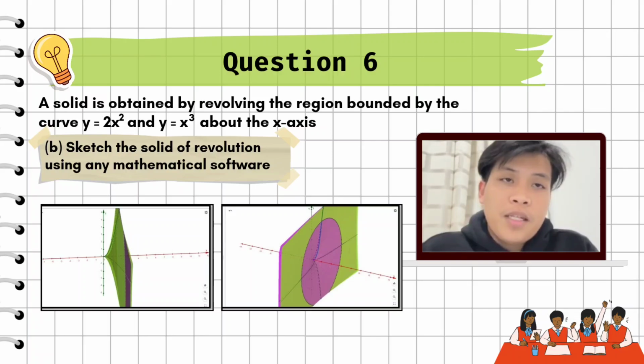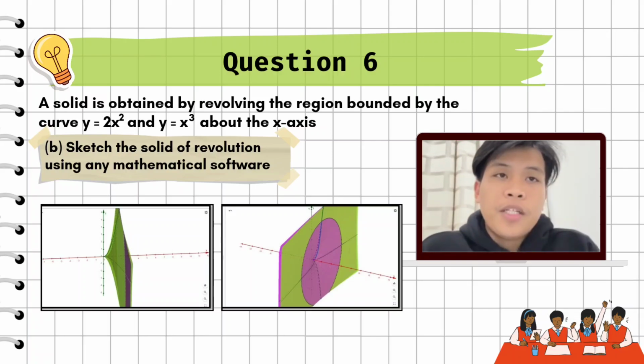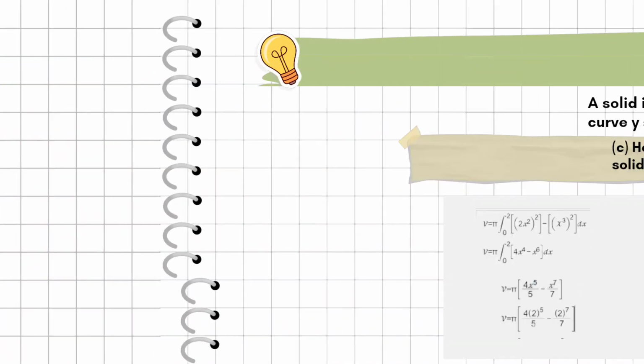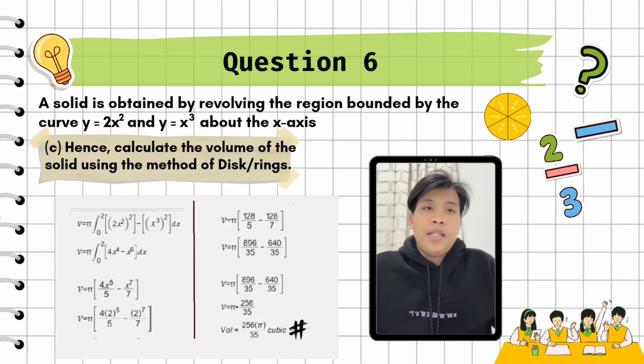Then we insert another equation, y = x³, which looks like an S curve.